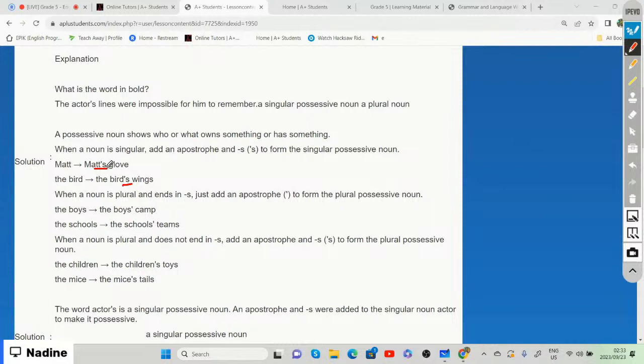So, for example, boy, right? If we are making mention of one boy and we're talking about his toys, then we will say the boy's toys. Because this is one boy. It's only one boy that we're talking about.